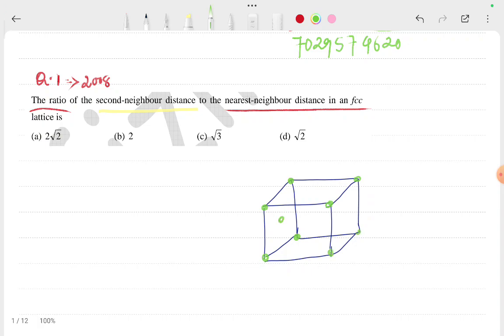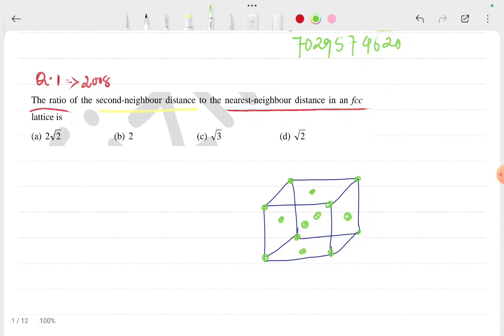There are 6 faces, so there are 6 face atoms. This is the FCC lattice.